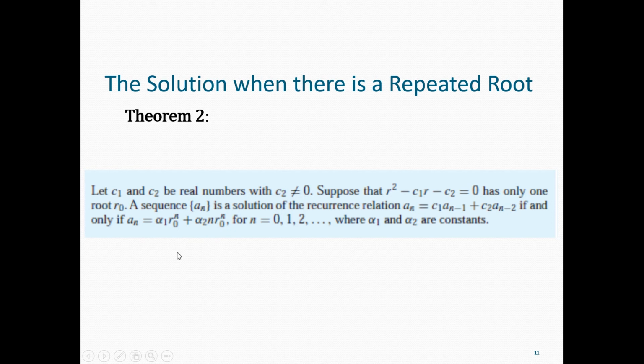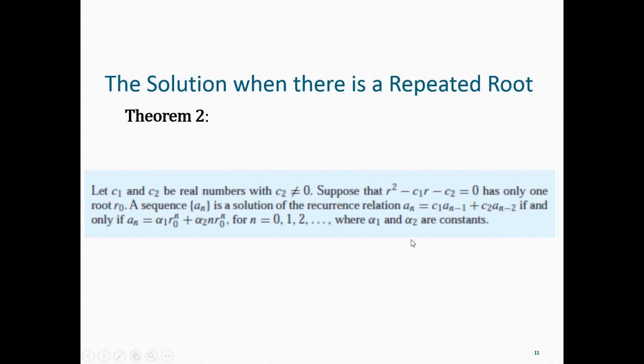Okay. Now, there is one condition, C2 is not equal to 0. What if C2 is equal to 0? If C2 is equal to 0, then this is not a degree 2 recurrence relation. So that is why the coefficient of an minus k is never equal to 0. Otherwise, it is not going to be a relation of degree k.